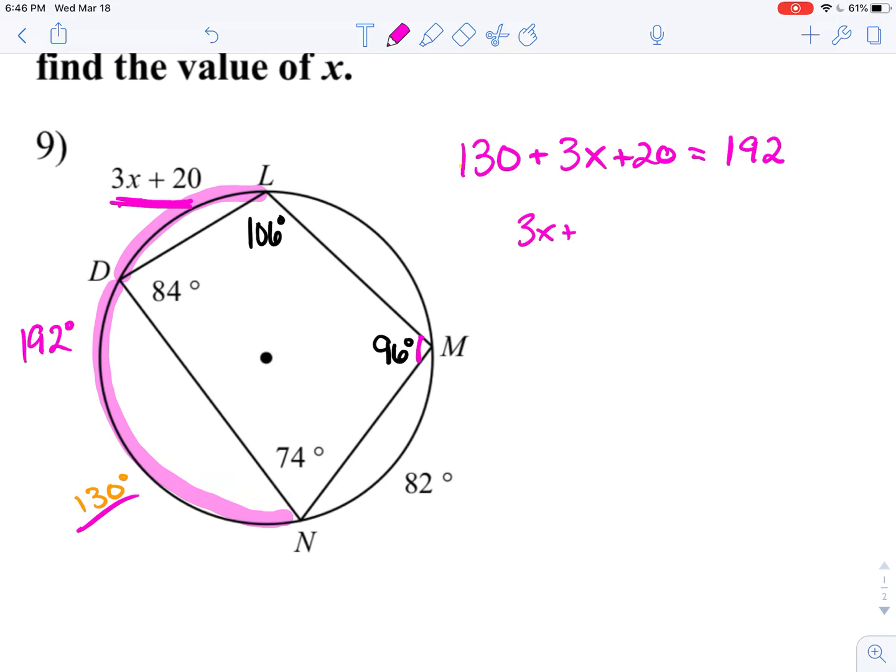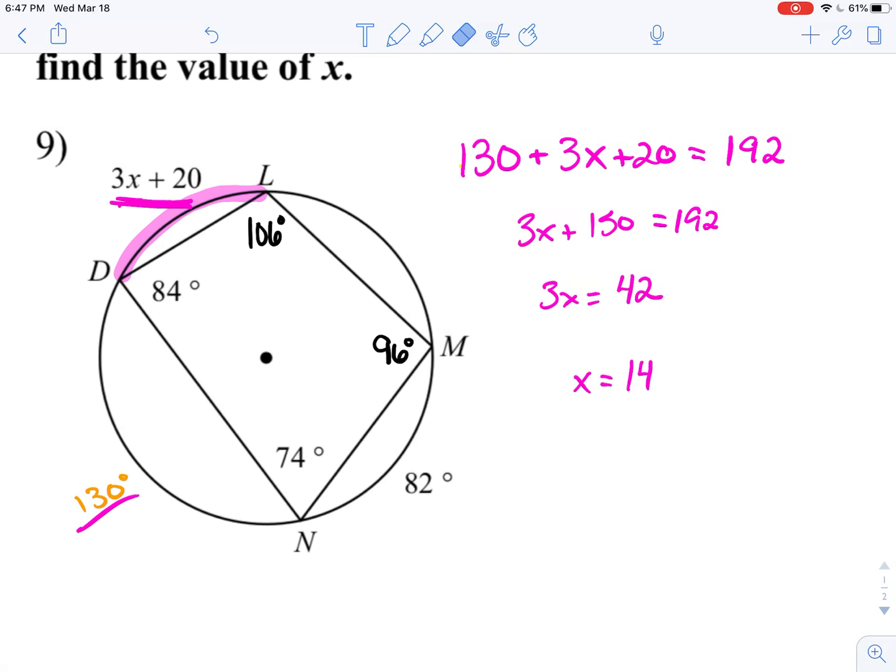And then we can combine some like terms. So 3x plus 150 is 192, or 3x is, what is that, 42. So x must be 14. So that's one way we could go about solving this. Let's go the other direction now.